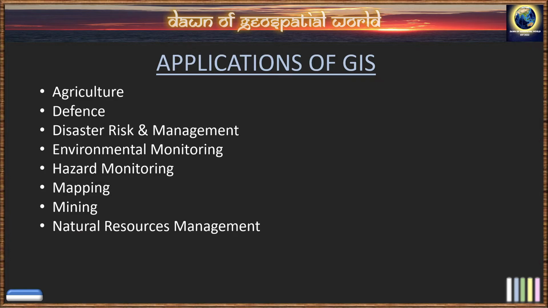Natural resources management. In nature, we have many resources like water, air, land, minerals, forest, animals, birds, and many more. By GIS, we can track them and try to manage them efficiently. Ocean studies. GIS is a better platform for studying the ocean.